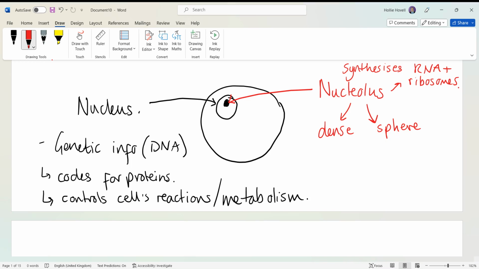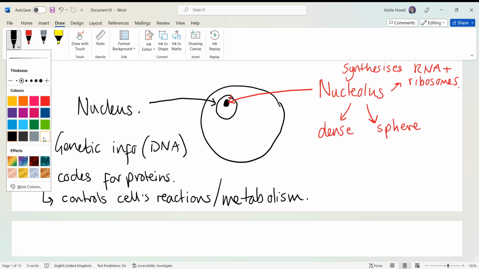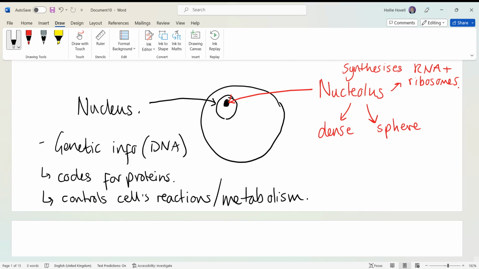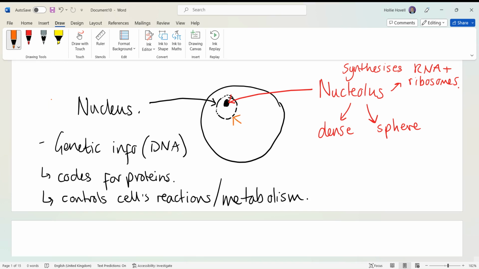Okay. Now, around the outside of our nucleus, I changed that colour to white. Around the outside of the nucleus, there are actually little holes called nuclear pores. Okay, so the nucleus has little tiny holes in the membrane surrounding it.